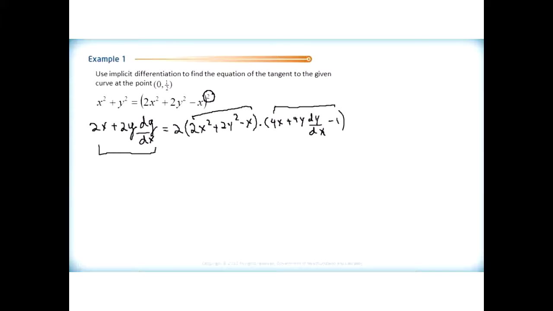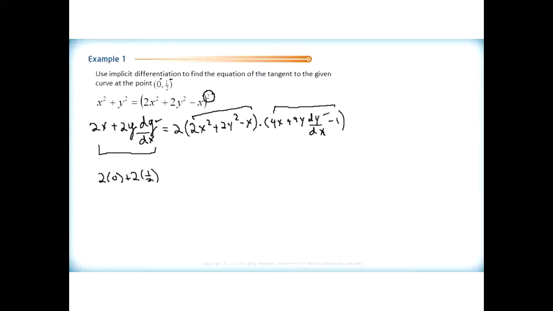So what we're going to do is we're going to cheat just ever so slightly, because the question doesn't say isolate dy over dx. The question says find the equation of the tangent. So all we need to know is the value of dy over dx when x equals 0 and y equals 1/2. So all I'm going to do here is fill those values into x and y at this stage and see where it takes us.